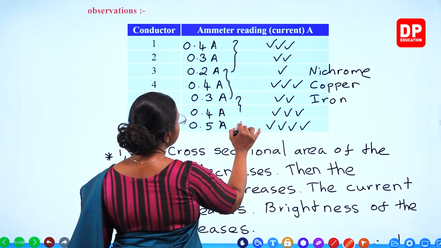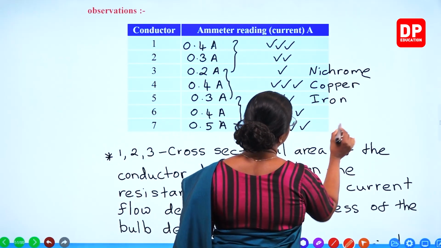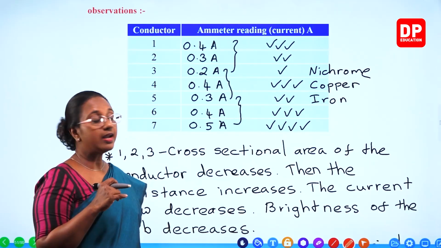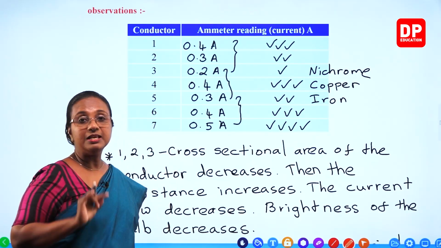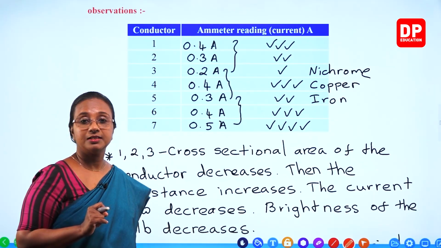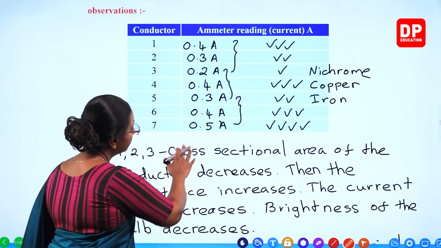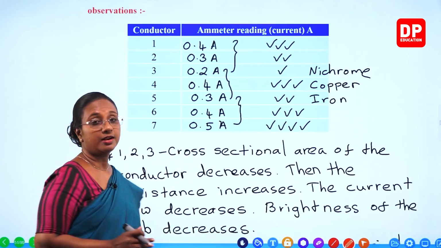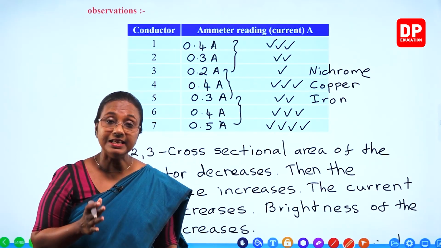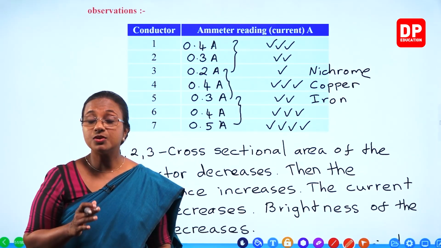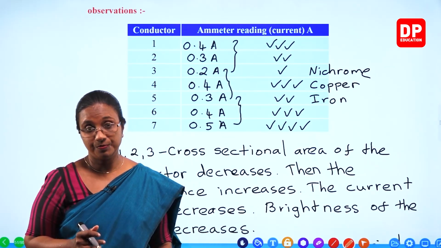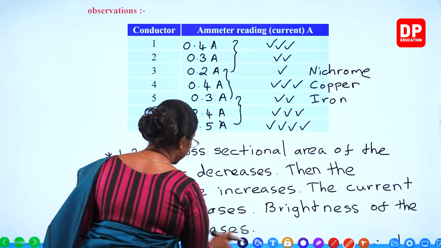Here in these three, length decreased. 5 had the longest wire, 6 had a medium length conductor, and 7 had the shortest conductor. So when the conductor became shorter, there was more current flow. So what can you understand there? When length decreases, resistance also decreases. That is why the current flow is more.